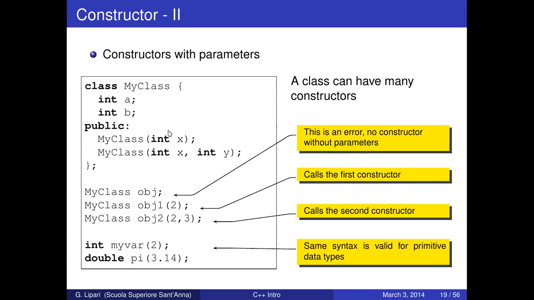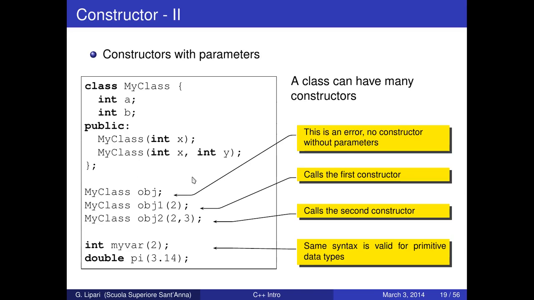The first one takes one single parameter of type integer, and the second one takes two parameters of type integer. Okay, and then later on I'm going to define three objects of type my class, and the first one is an error because there is no constructor which takes no parameter. Okay. The second one instead calls the first constructor, and the third one calls the second constructor.